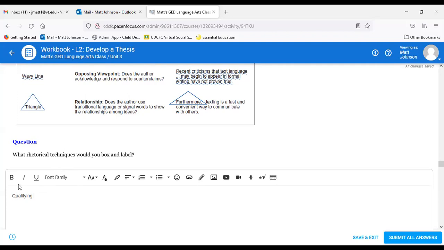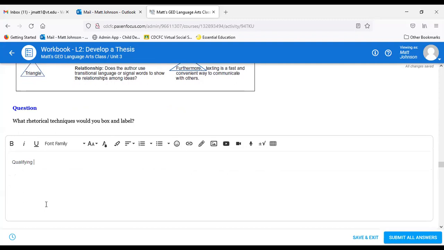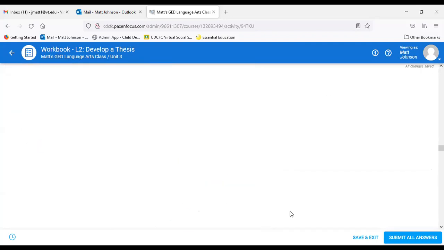That's something you want to avoid when making your own. I used to deal with a lot of students who used that type of language, and I'd say, just be assertive when you write.